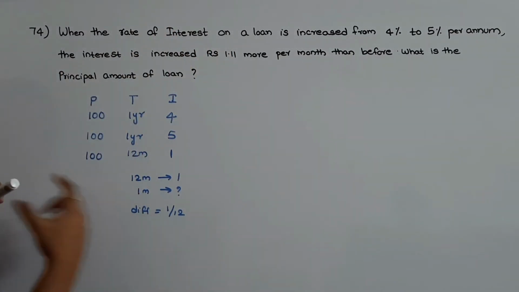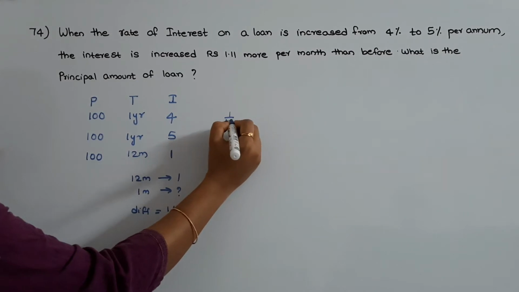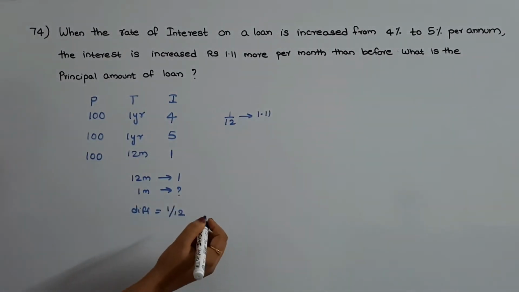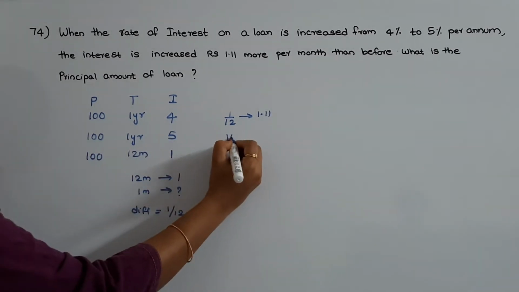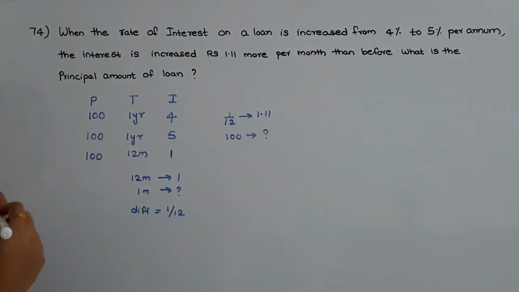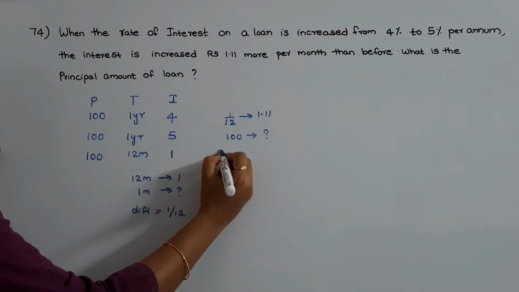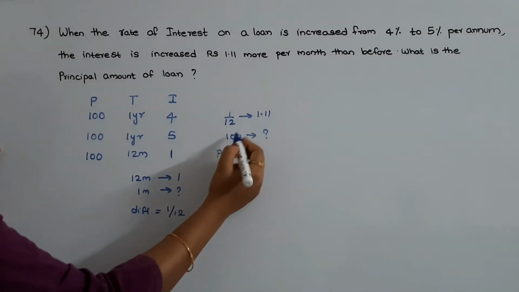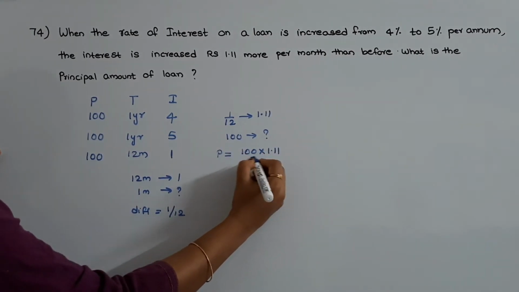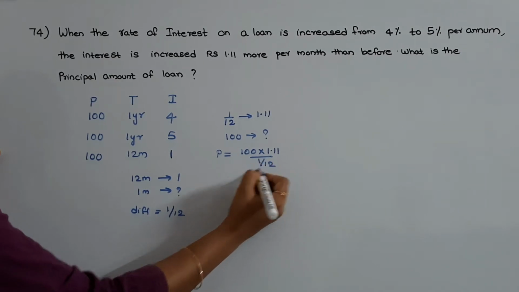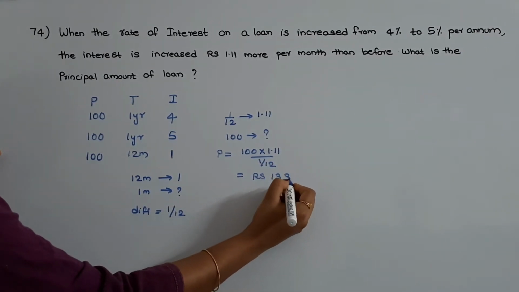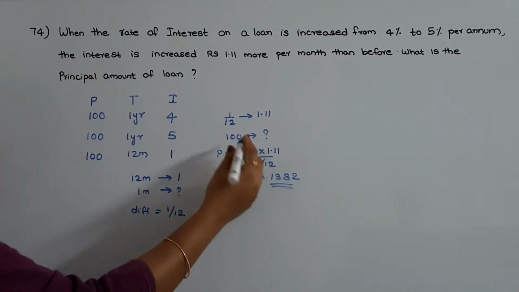So, if 1 by 12 can be represented in the question as 1.11, then how can we represent 100? On finding this value, you will get the value for the principal. Hence, the principal will be equal to, on cross multiplying you will get 100 into 1.11 divided by 1 by 12. That will be equal to rupees 1332. Hence, the principal amount will be equal to 1332.